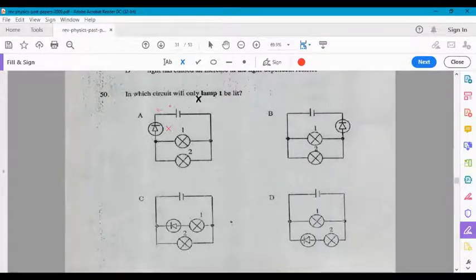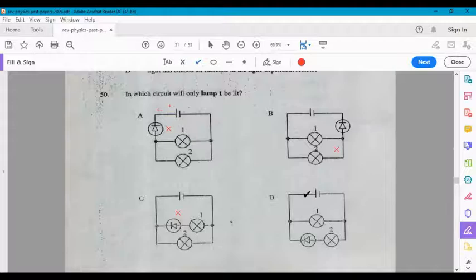And we want the circuit where only lamp 1 is lit. So both are lit in B. In C, we have a similar situation as A. Lamp 1 is going to be blocked because the diode is reverse biased, meaning it's in the direction opposite to conventional current. And so our answer here is going to be D.